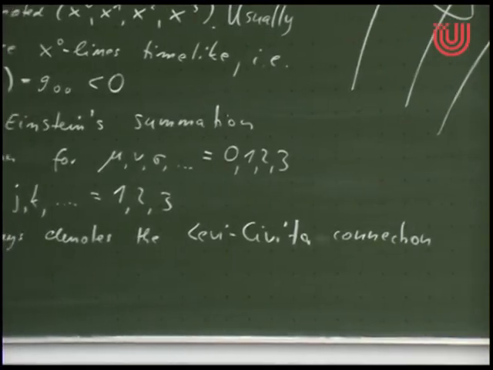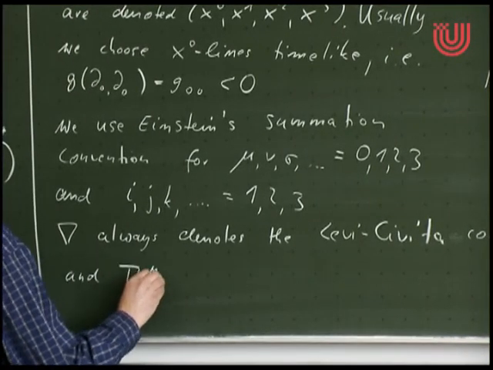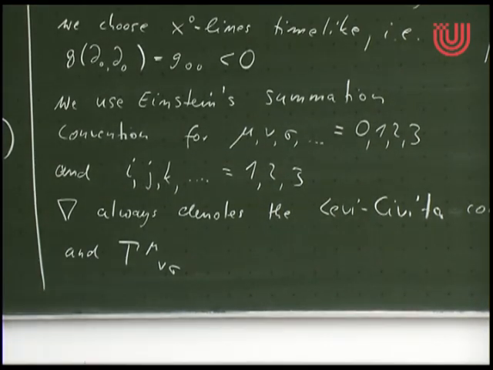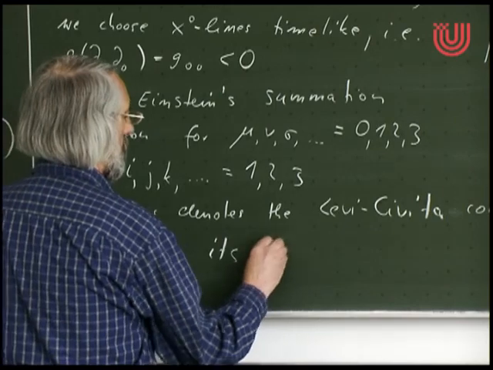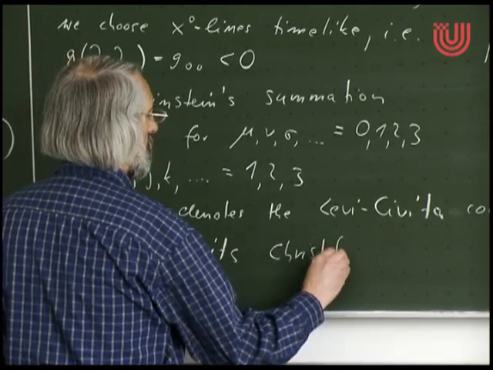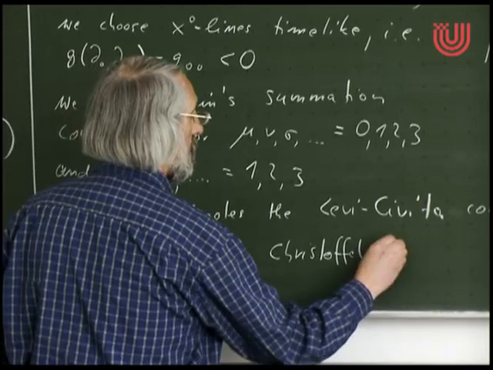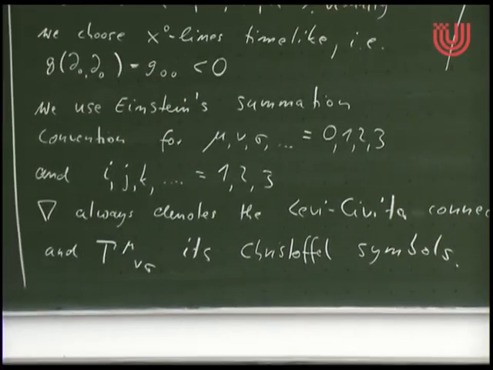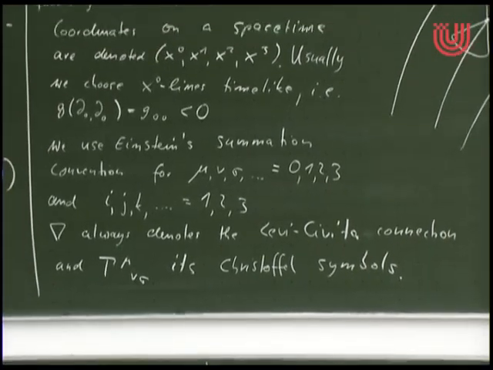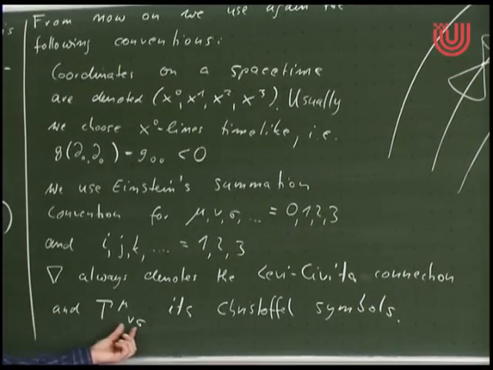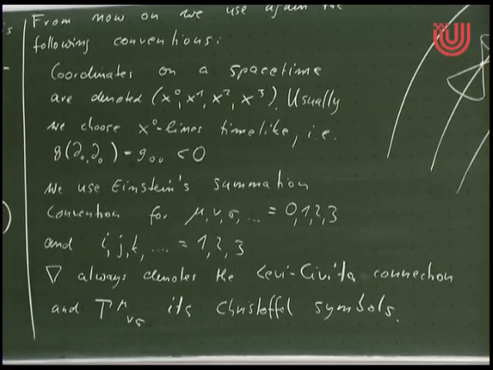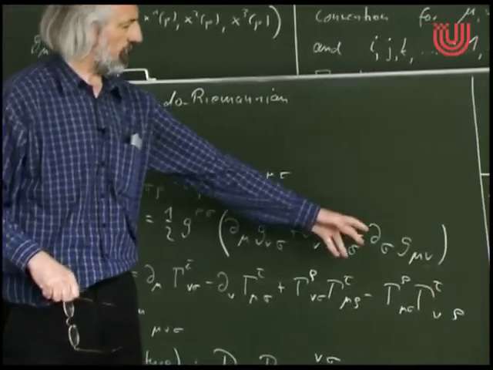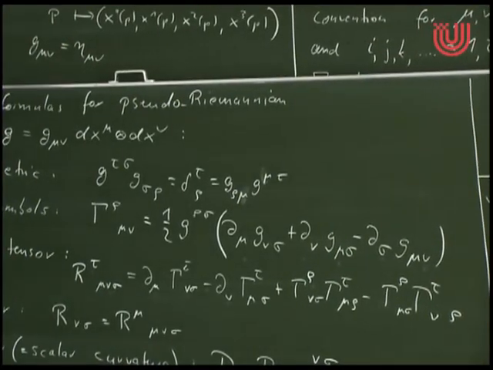And when I use gamma, then I mean the Christoffel symbols of the Levi-Civita connection. So in particular, the torsion tensor will from now on no longer occur because it is a torsion-free connection, right? It's symmetric in the two lower indices. We have it still on the board. You can check here. Yes, this is symmetric. I already emphasized this, symmetric in mu and nu.